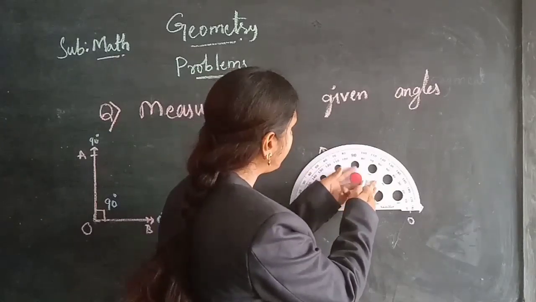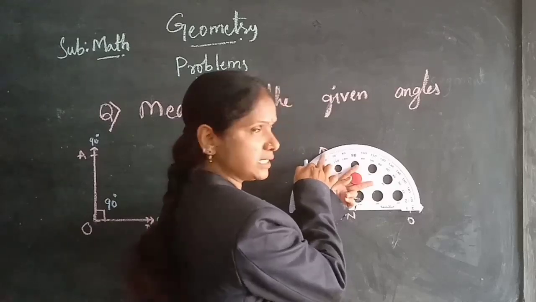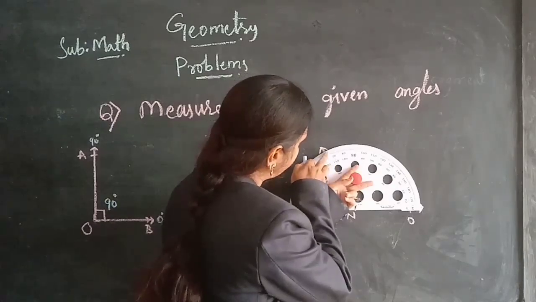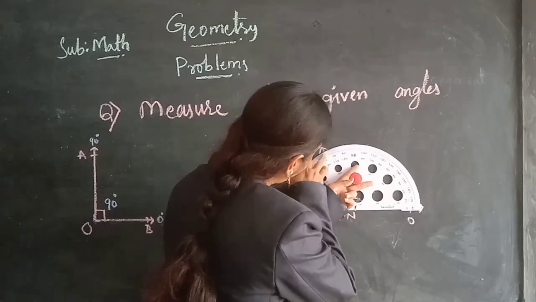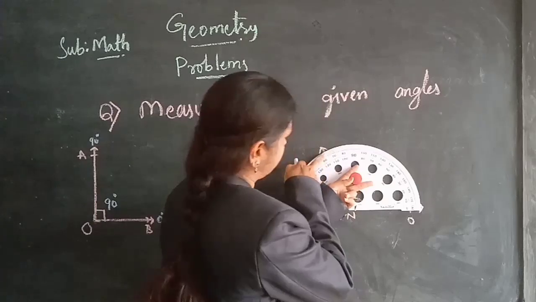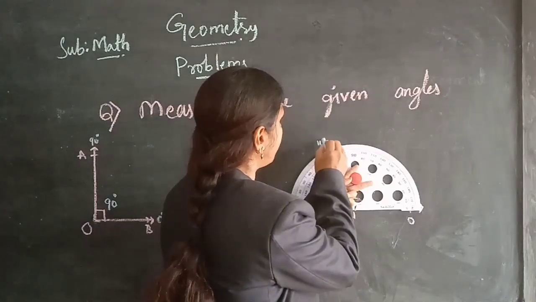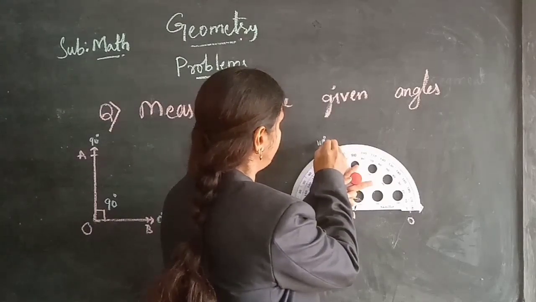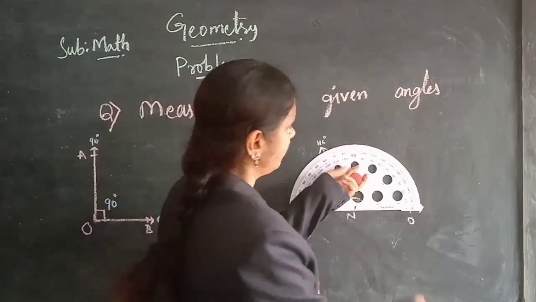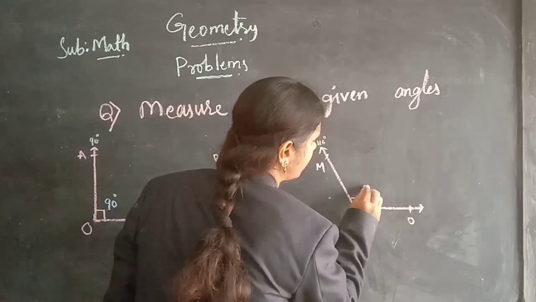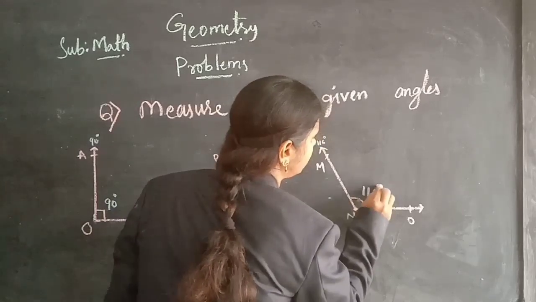It is lying between 110 and 120. So after 110, how many small lines is it occupying? See, let's count here. After 110: 11, 12, 13, 14, 15 and 16. So here it is 116 degrees. The angle is 116 degrees.